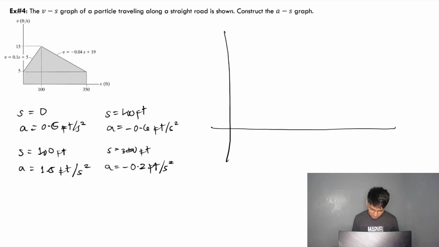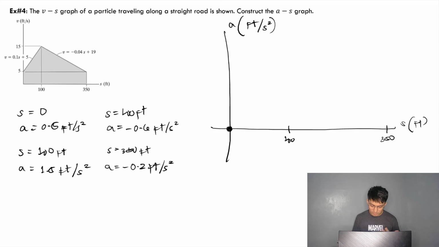This is the a-s graph. Ang lagay muna natin is yung sa positions. This is the position in feet, and this is the acceleration in feet per square second. So sa position we have 0, we have 100 and 350. This is 100, this is 350.